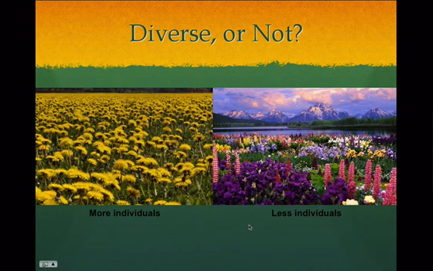And yes, leaving you with the fact that more individuals compared to fewer individuals does not mean a better ecosystem. So get to look at diversity around you, and hopefully this allows you to view your field site when you pick it out in a different way. Thank you.